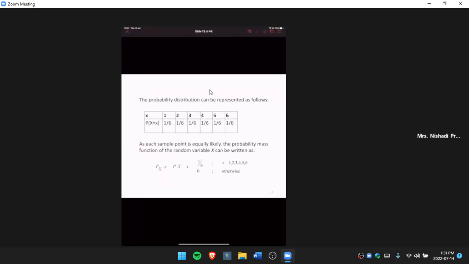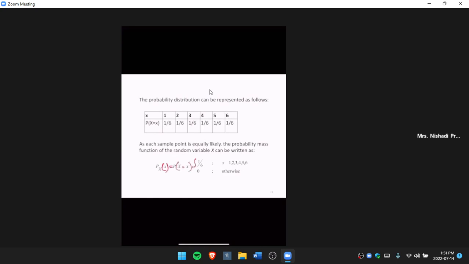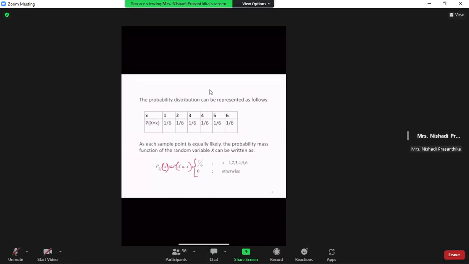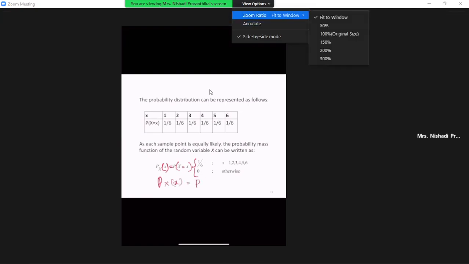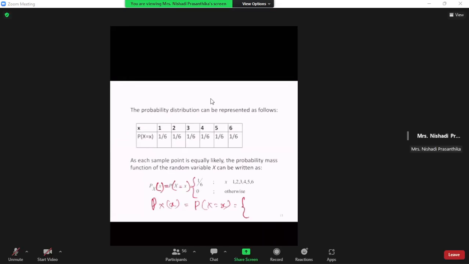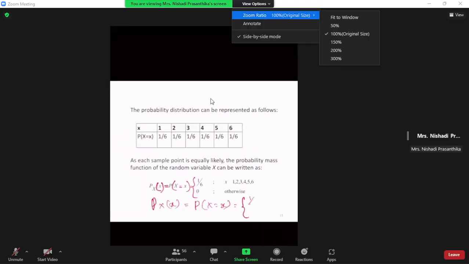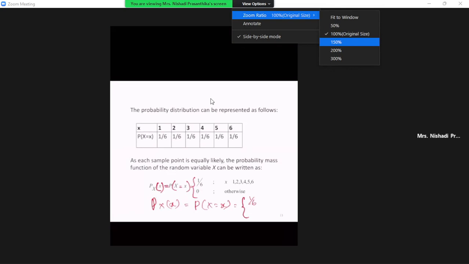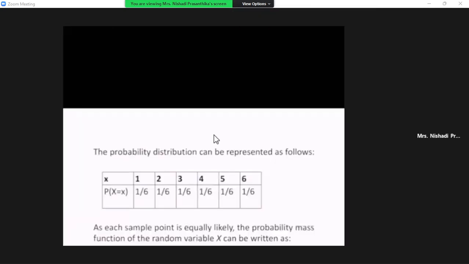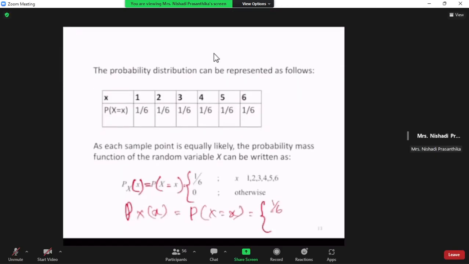Usually we write the probability mass function like this. This 1 over 6 is the equal probability of this random variable.